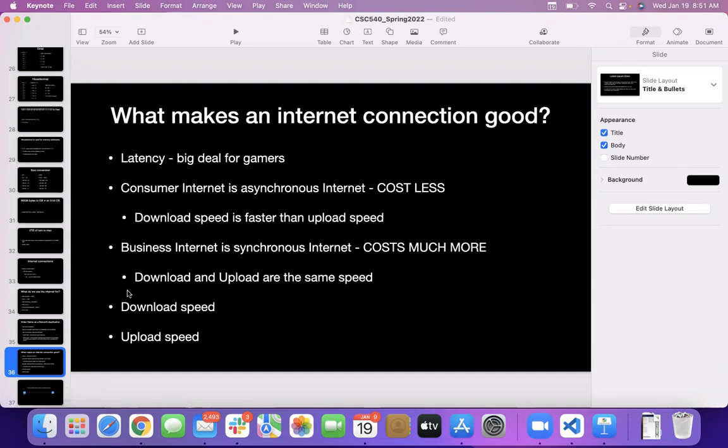All right. So most of us, if we go out and buy internet, we're buying asynchronous internet, where really our only limitation is that we can't conveniently run, let's say, business class servers out of our house. You can run little servers that your friends and stuff can hit for downloading stuff or something like that. So it's not like you cannot run a server.